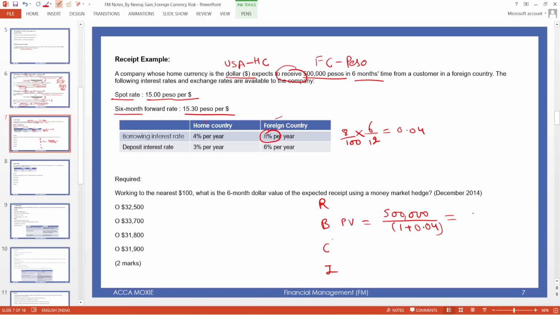Borrowing 500, for how much? 48769. Then you have to convert that at the spot rate.